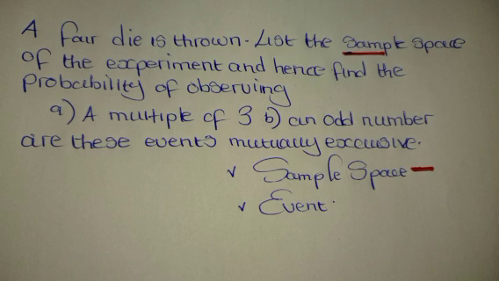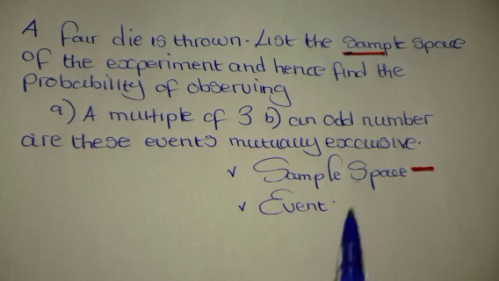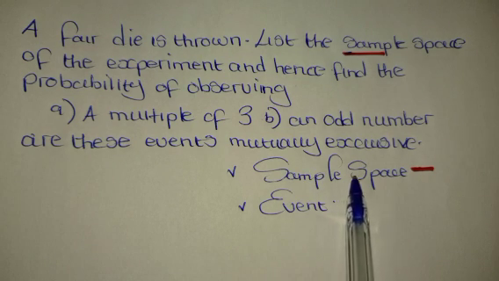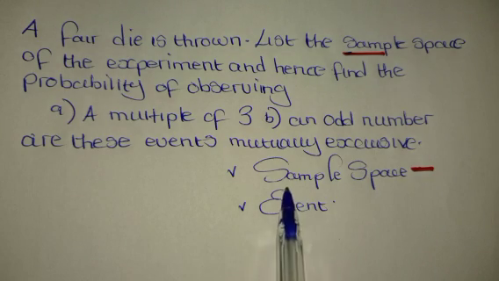Remember, probability is simply the numeric value of every experiment you make. So when you are dealing with the sample space, you are just listing what you were getting when you were having your experiment.